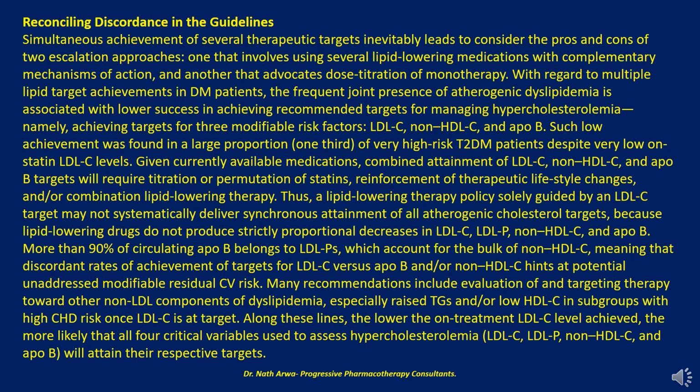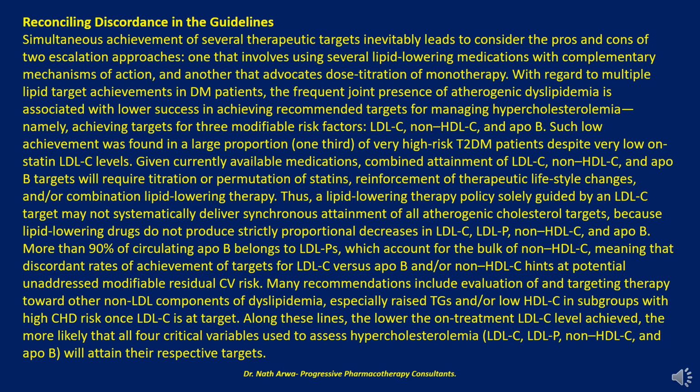More than 90% of circulating ApoB belongs to LDL-Ps, which account for the bulk of non-HDL-C, meaning that discordant rates of achievement of targets for LDL-C versus ApoB and/or non-HDL-C hints at potential unaddressed modifiable residual cardiovascular risk. Many recommendations include evaluation of and targeting therapy toward other non-LDL components of dyslipidemia, especially raised triglycerides and/or low HDL-C in subgroups with high coronary heart disease risk once LDL-C is at target.